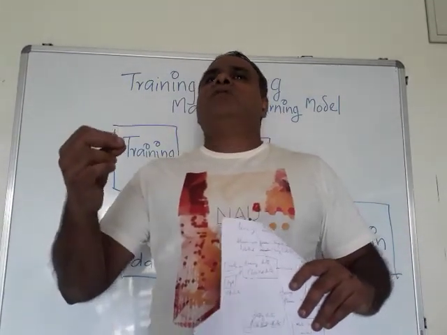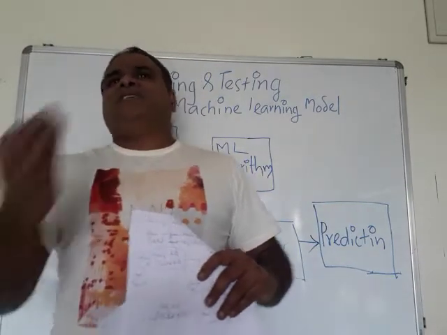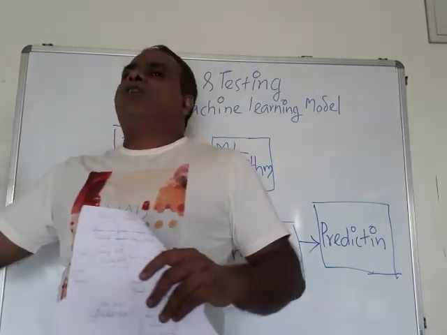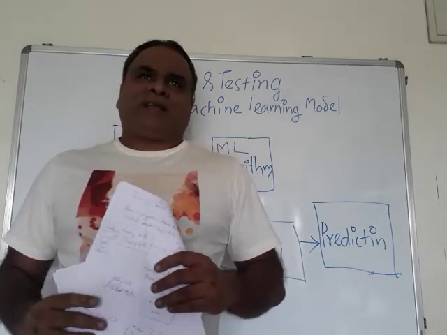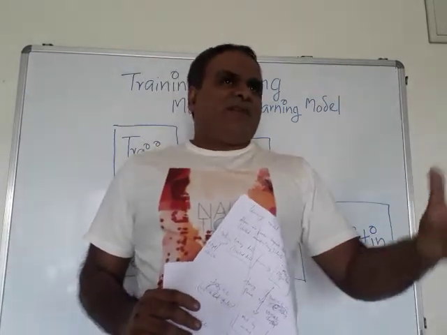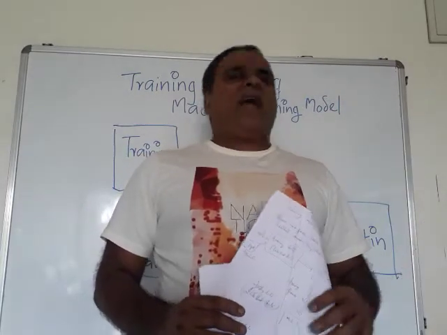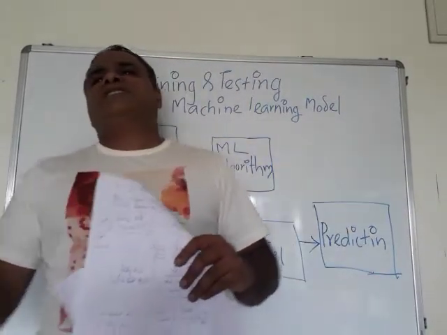At that time, the machine has to predict whether this is tiger or not. So that is the testing of a machine learning model. First we need to train it with labeled data. After that we need to test it by using unlabeled data.